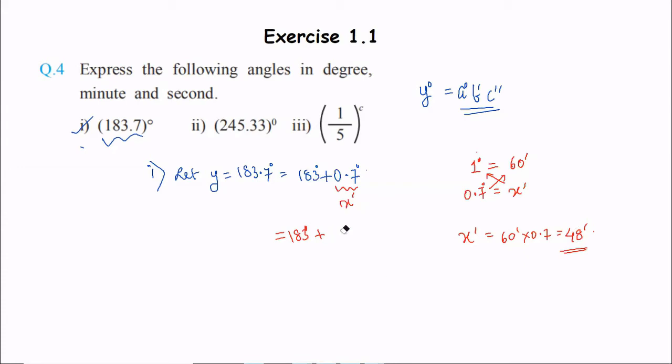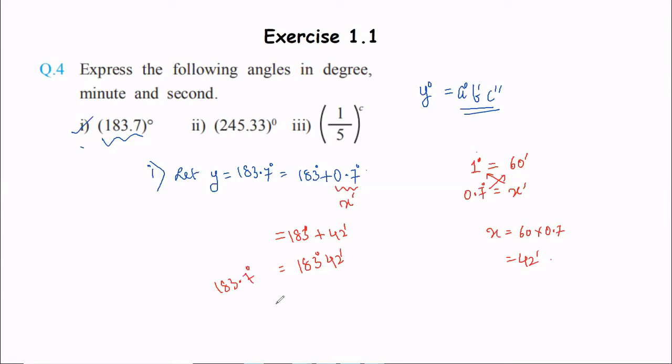It's 42. So x is equal to 60 into 0.7. That is equal to 42 minutes. So 183 degrees, 42 minutes is equivalent to 183.7 degrees.